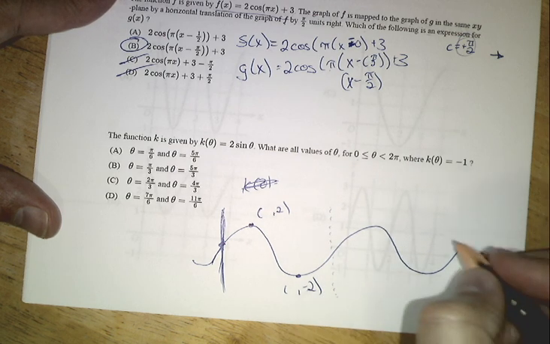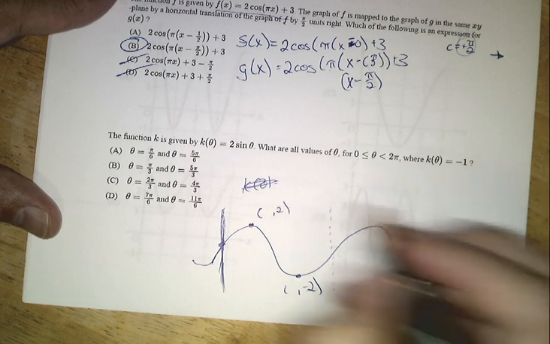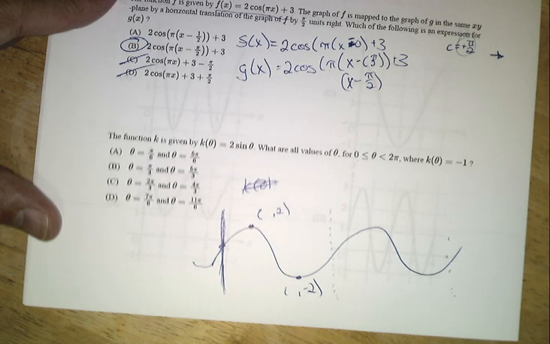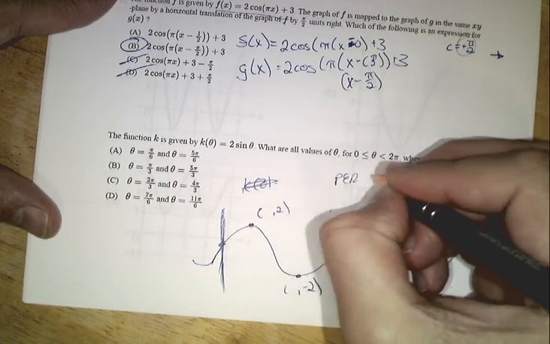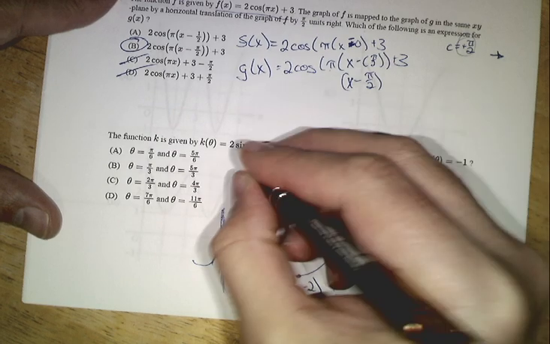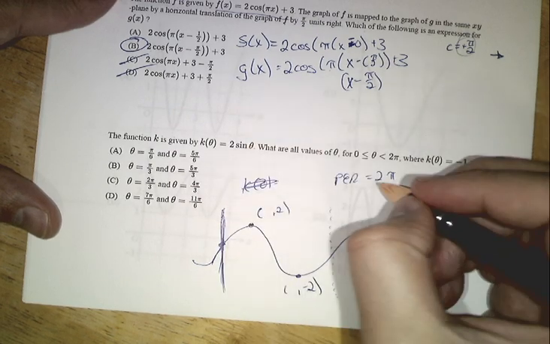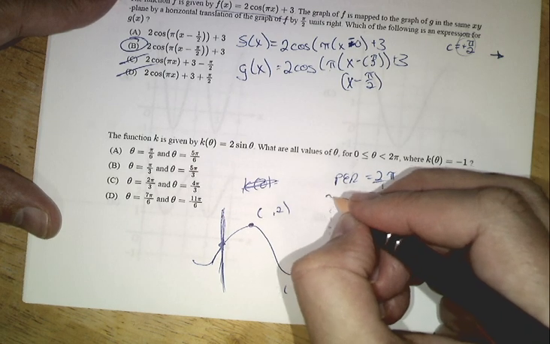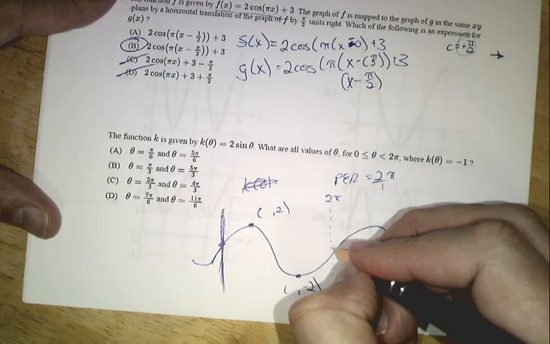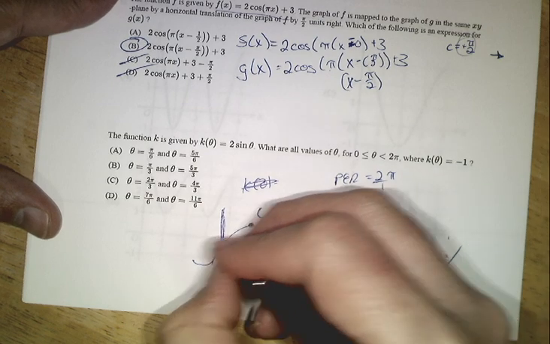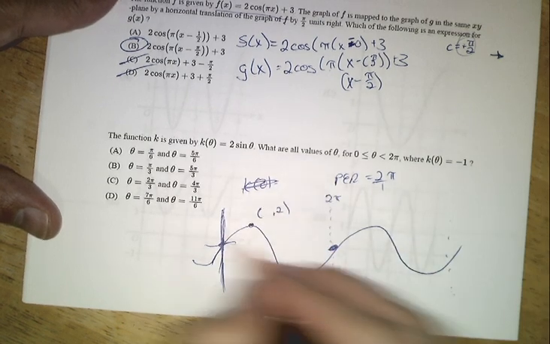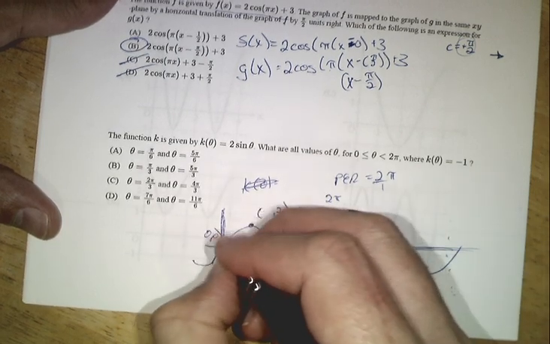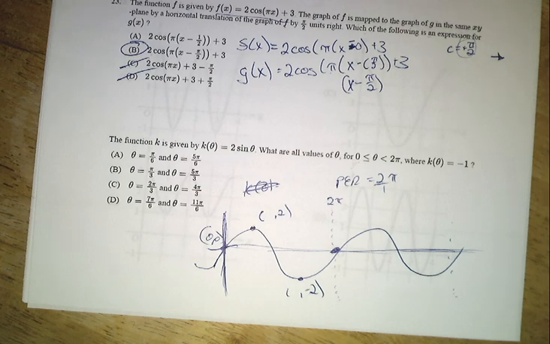The period here is just going to be 2 pi, because we don't have any b, so it's 2 pi over 1. B is 1. So this should be 2 pi, and there is no midline shift, so this is just going to be 0. And there's our rough sketch of a graph.